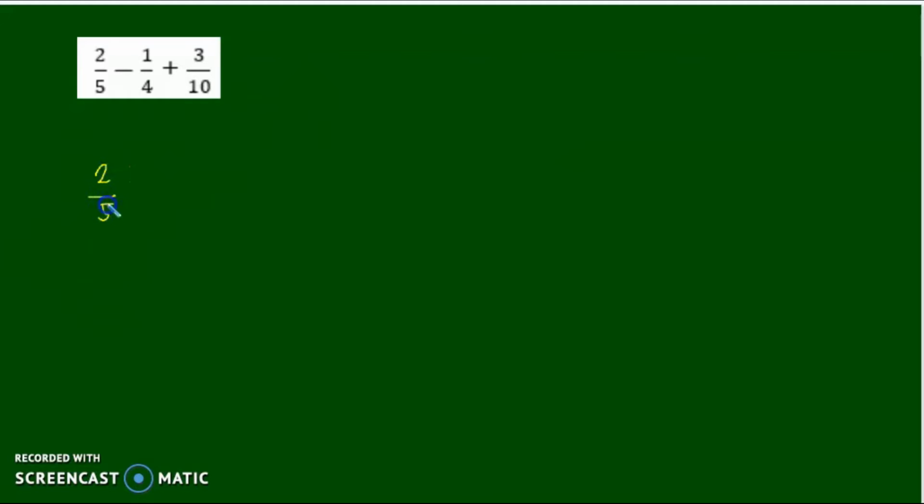So 2 over 5 minus 1/4 plus 3 over 10. So the LCD is 20. Okay. Again, 20 divided by 5 is 4. 4 times 2 equals 8. Minus 20 divided by 4 is 5 times 1 equals 5.